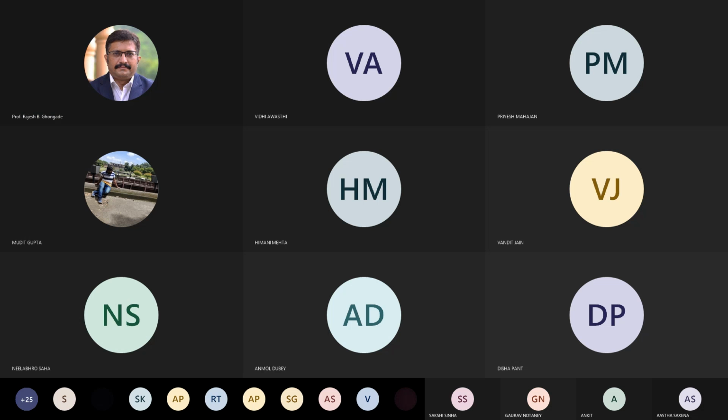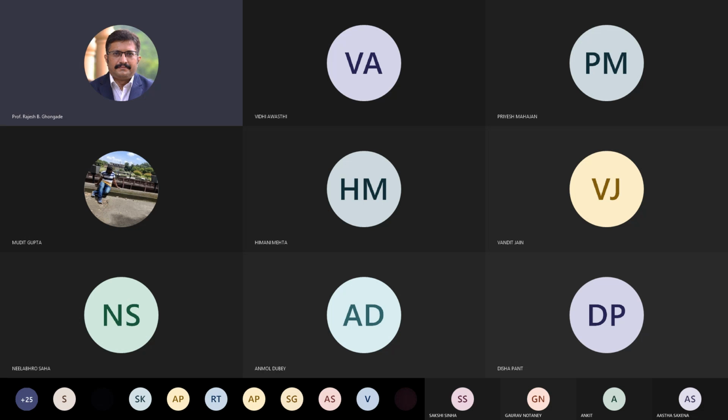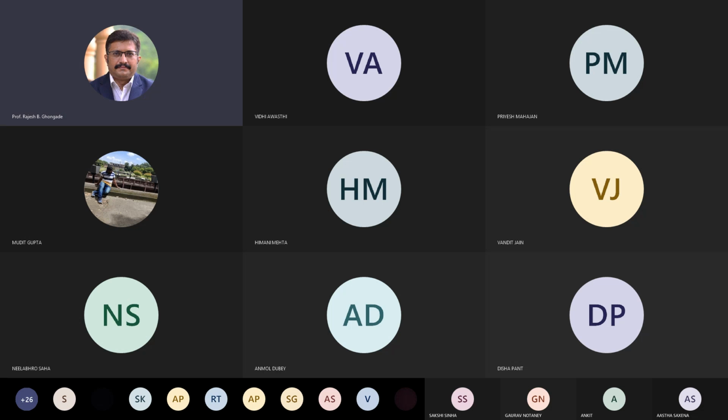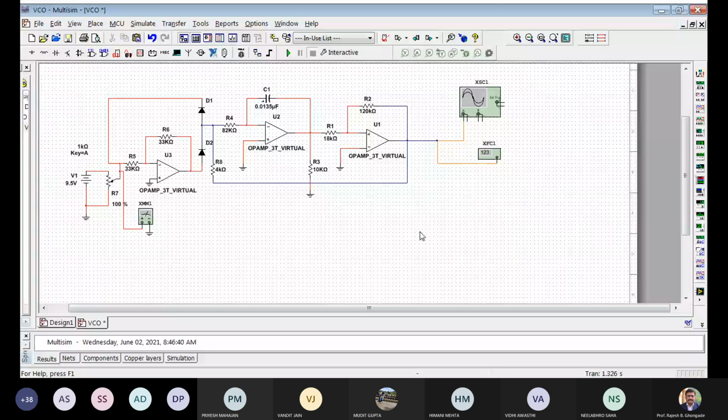Now you can see here all the values that we have calculated. I have used them as they are, and let's see how it really works.